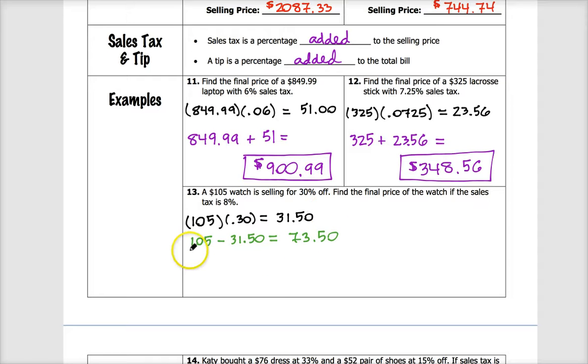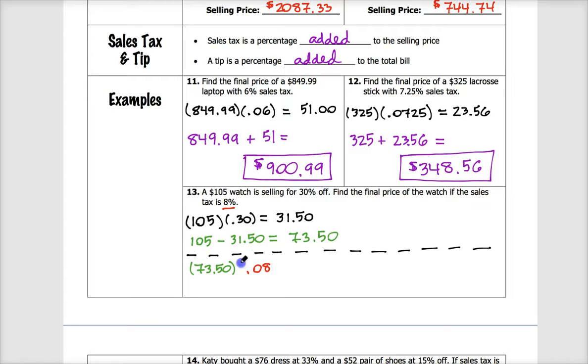Okay, so that's the selling price of the watch. That is not how much the customer pays, because now we have to figure out what the tax is and add that to the price. So now the selling price of the watch is 73.5. So I'm going to take that now as my original amount. This is part 2 of the problem, and now I'm going to find 8%, which is the tax, of 73.50.